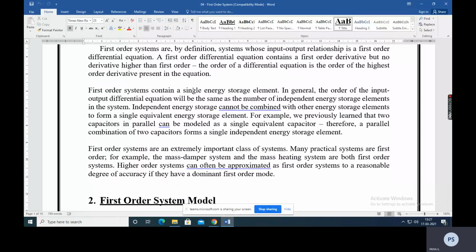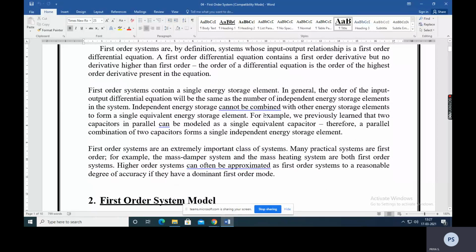If you have a combination such as an RLC network, it is going to be a second order differential equation, that is a second order system, because you have both capacitor as well as inductor. So a first order system contains only a single energy storage element. In general, the order of the input output differential equation is the same as the number of independent energy storage elements in the system.